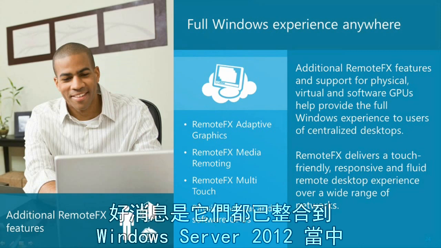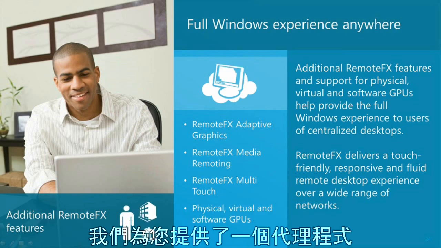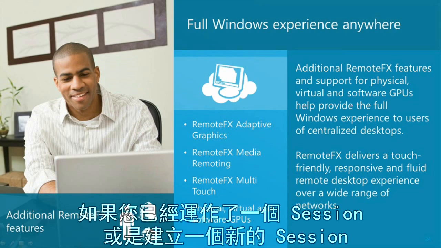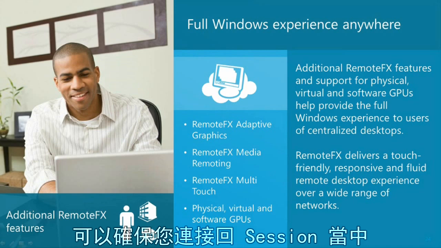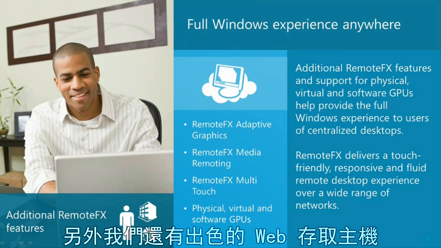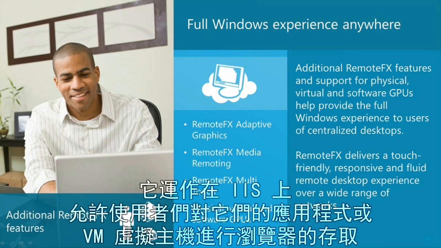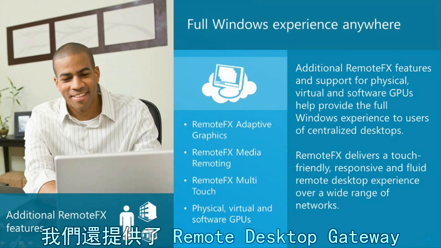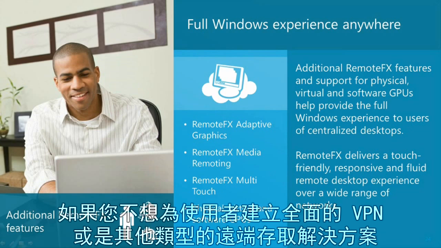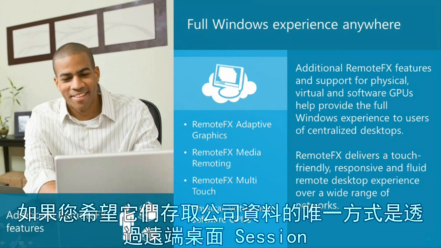Media remoting is another intelligent feature and a way to reduce traffic on the wire. If you think about the idea of watching a video in a remote desktop session, when I open that file, that MPEG file or H.264 encoded file, whatever it is, my machine goes through a whole process of decompressing the video file and then sending that uncompressed stream across the wire to display it on my local machine.